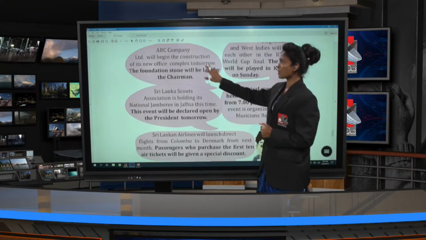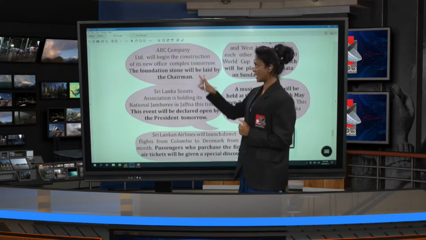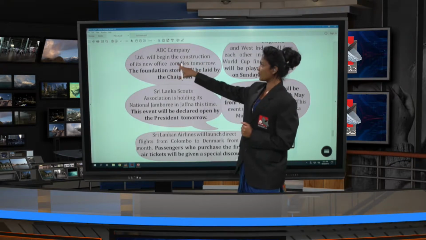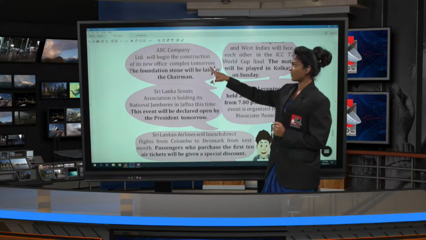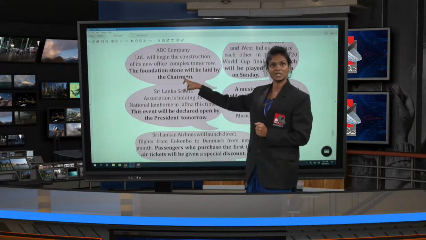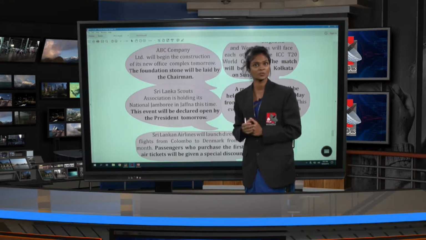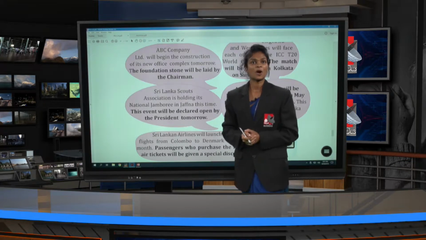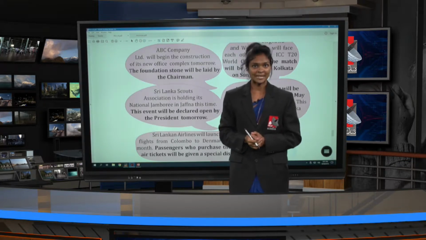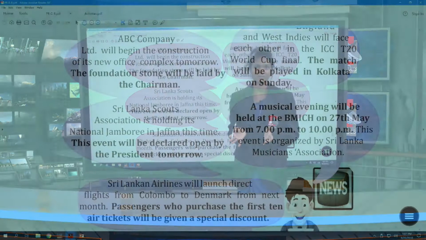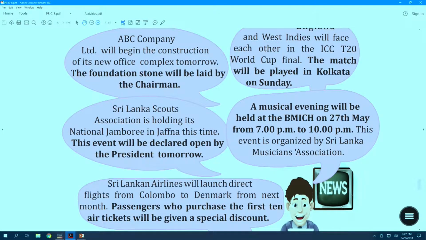Then the first is about ABC Company, that is the headline. ABC Company Limited will begin the construction of its new office complex tomorrow. The foundation stone will be laid by the chairman, right? The foundation stone, that means the first stone which is going to be laid, it will be laid by the chairman.